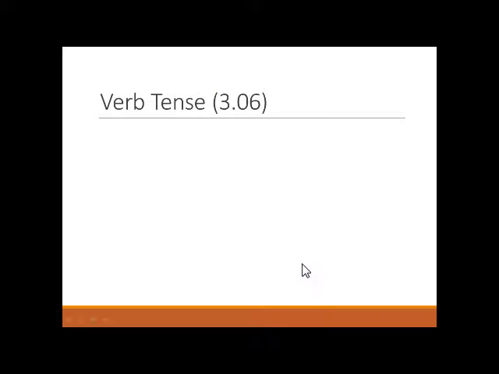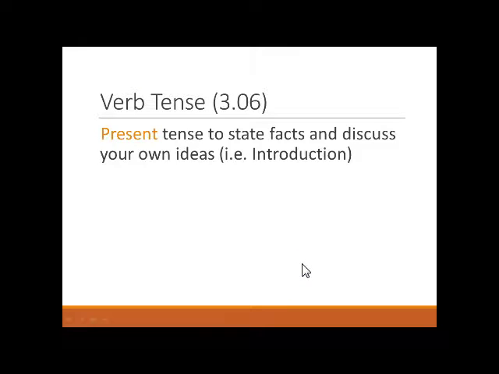In terms of verb tenses, what APA says is if you are talking about your own ideas, such as in Chapter 1 of a dissertation or introductory sections of another type of document, you should write about those ideas in present tense.